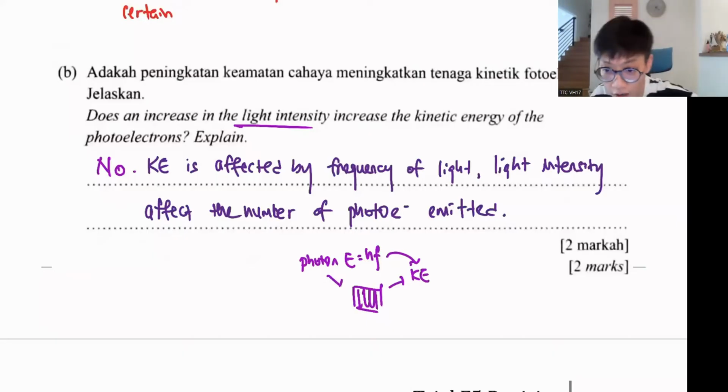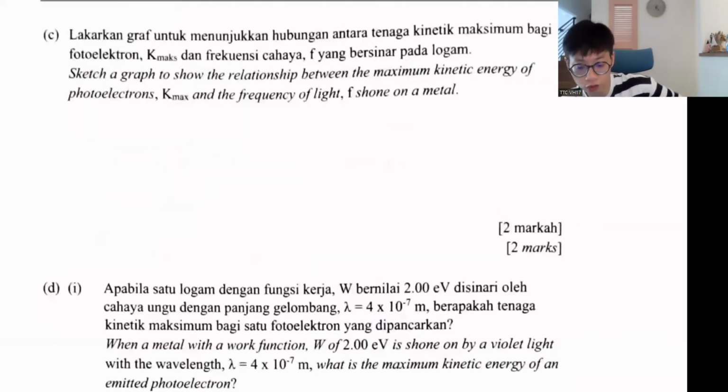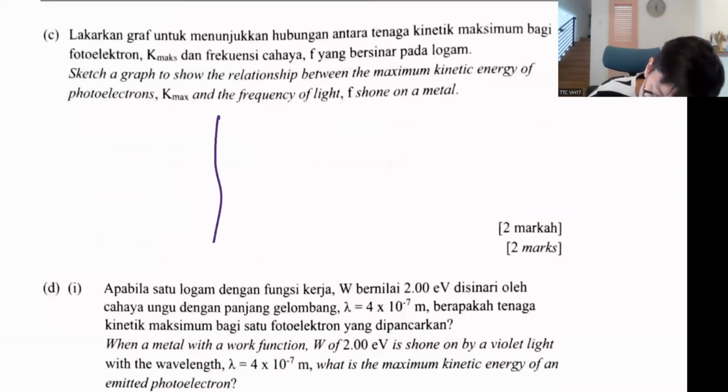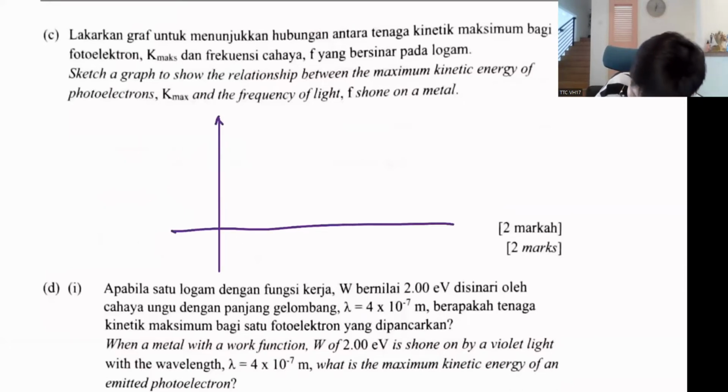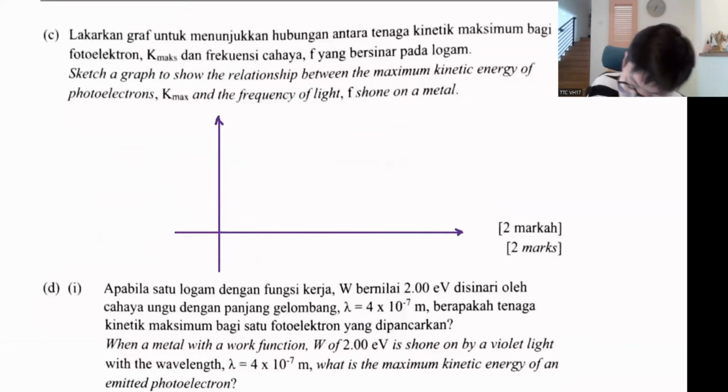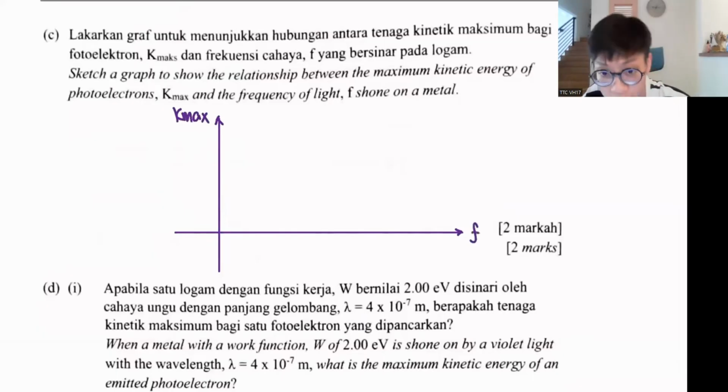Next, sketch a graph to show the relationship between the maximum kinetic energy of photoelectrons and the frequency of light shone on the metal. So this is K max, and this is the frequency shone on the metal.